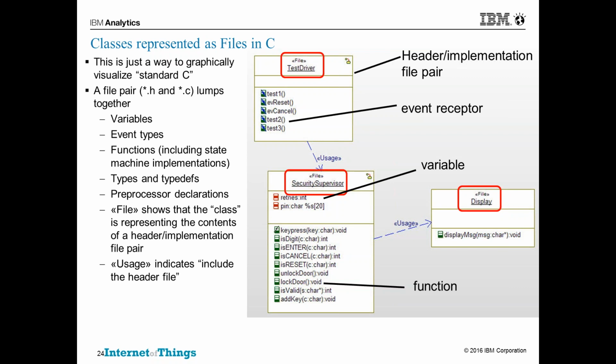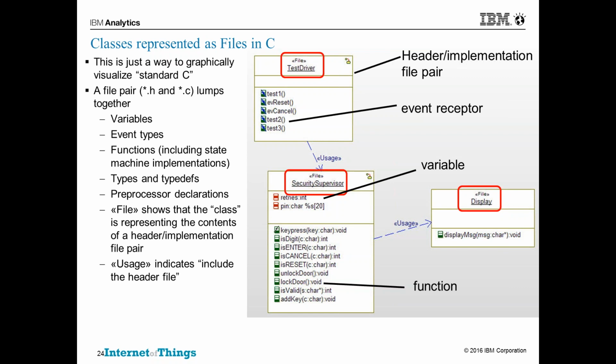So here we have this class box for test driver, and it's got test 1, EV reset, and cancel, and test 2, test 3. And you see the stereotype up above. This is a file stereotype. It indicates that it's really a representation of just stuff in a C and H file.